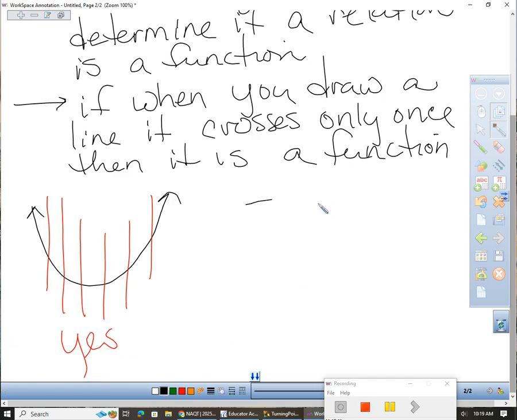If I had something that looked like this on my graph, and I were to draw a vertical line down, how many times does it cross there? Crosses more than once, doesn't it? So this would be no. Okay?